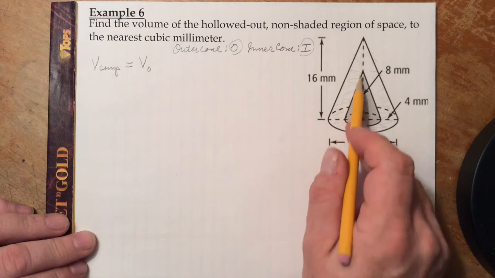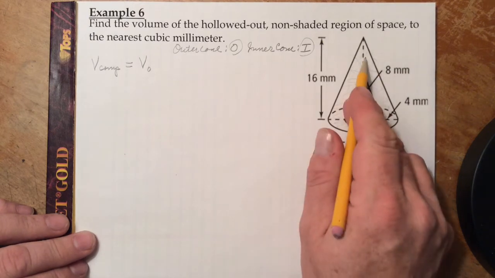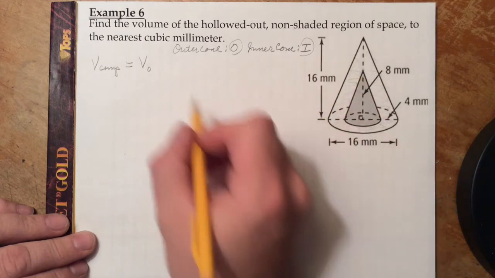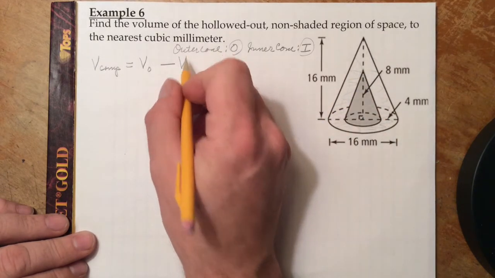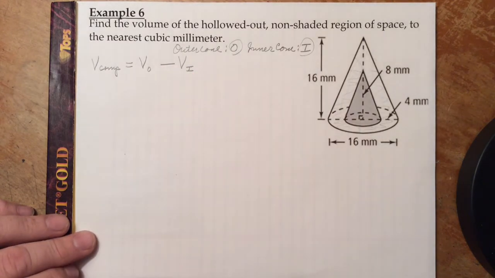So we need to take out this inner cone, whatever's inside it, so that we can get what remains in between. So that means we're going to subtract the volume of the inner cone. So that's our very basic formula there.